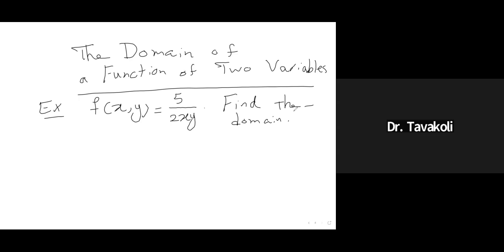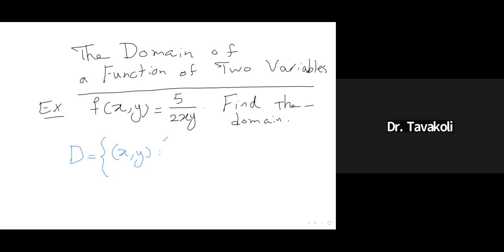As you might remember, in the one variable case, we were saying that it consists of all the x's satisfying something. Here, instead of saying just x's, we have x and y. So the domain consists of all the x and y's such that... What condition or conditions do we need to impose on x and y so that this expression makes sense?